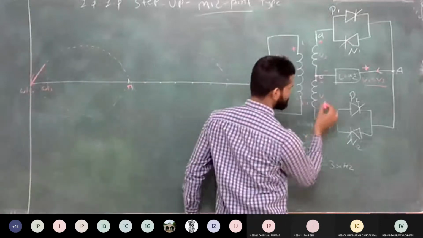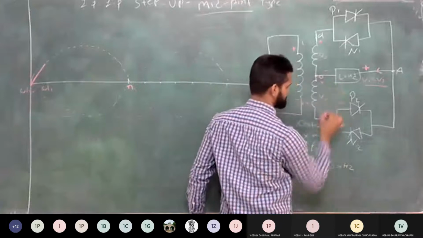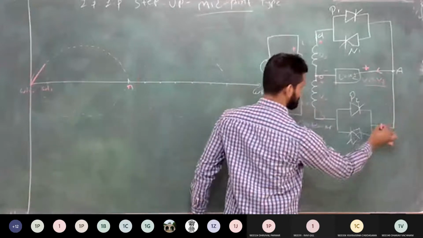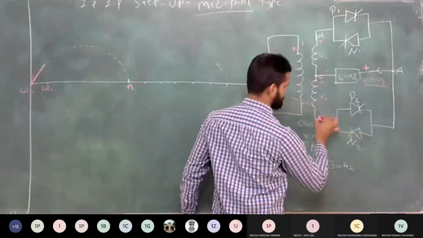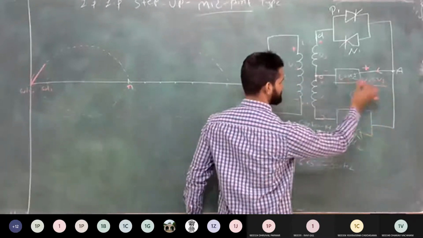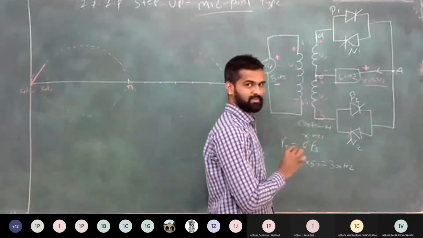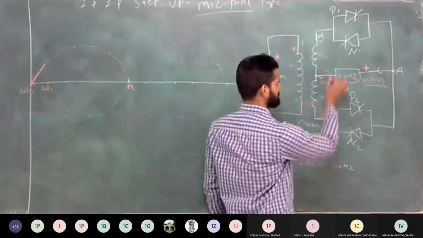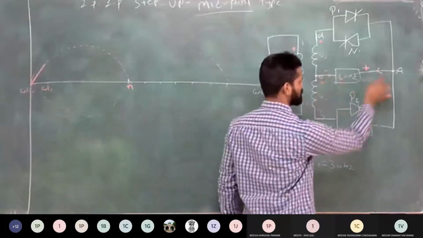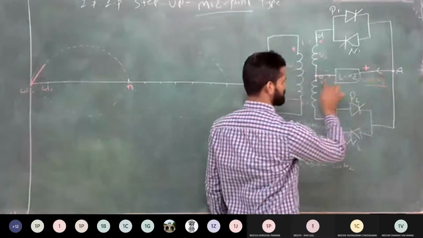Now current is flowing from O terminal, because this is a positive terminal with respect to B, load A terminal, thyristor N2 and B terminal. So you can see that the direction of current is this one, clockwise, yes or no? But it is a negative direction of current because current is flowing from O to A. Positive direction of current is A to O.